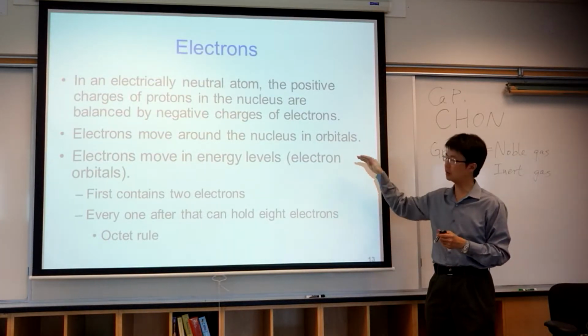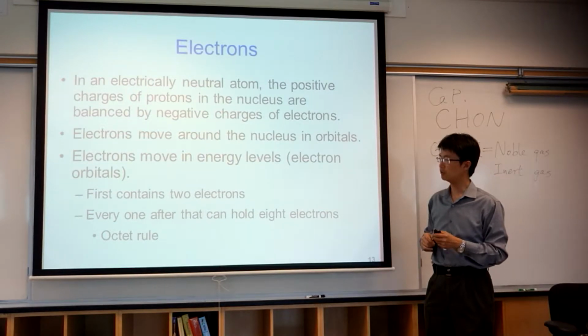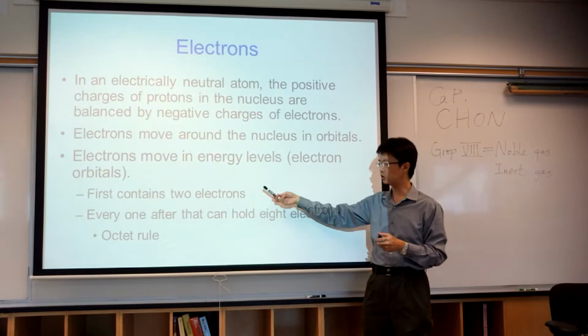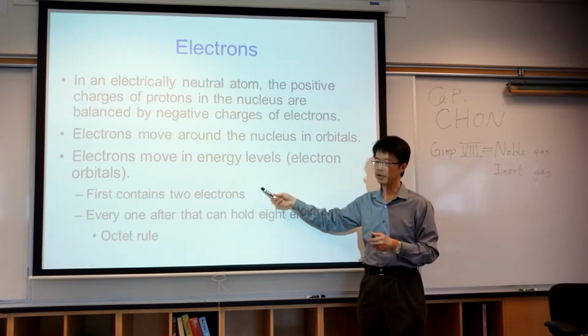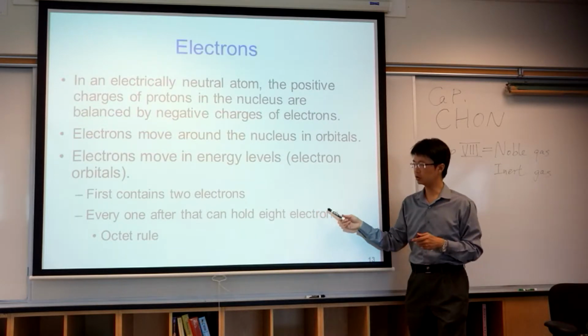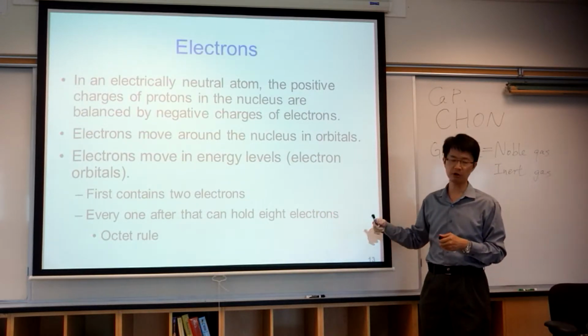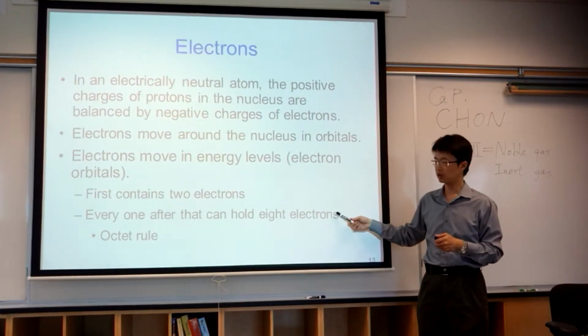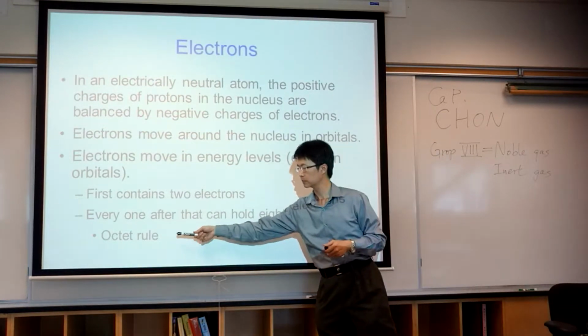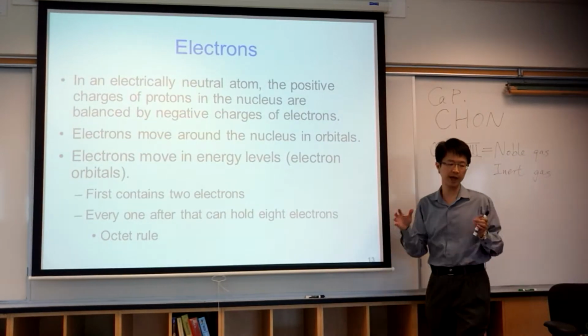They have different energy levels, or different electron shells. The first electron shell, or first orbit, can only contain 2 electrons. And then after that, the second and the third electron shells can hold 8 electrons. We call that the octet rule because it can maximally hold 8 electrons.